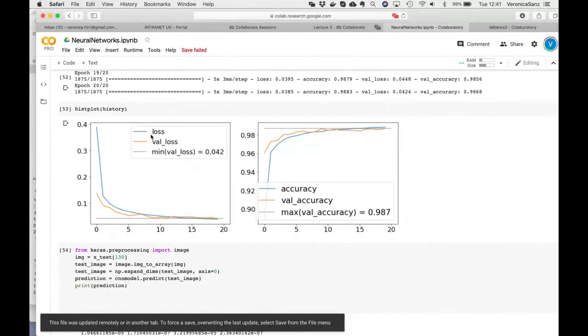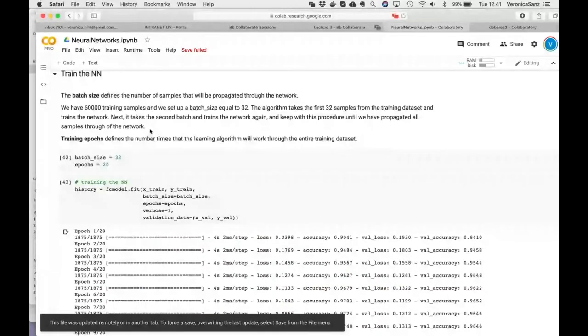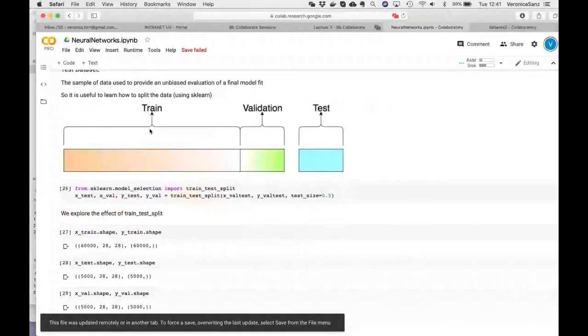Now, for each of these epochs, apart from the 60,000 training events, you also have reserved 5,000 that you are going to use as validation. So coming back to here, the idea is that as you are training, you also use this additional set of 5,000 events to see on the spot how much you are able to generalize. How, when you see other events, you are doing well or not.